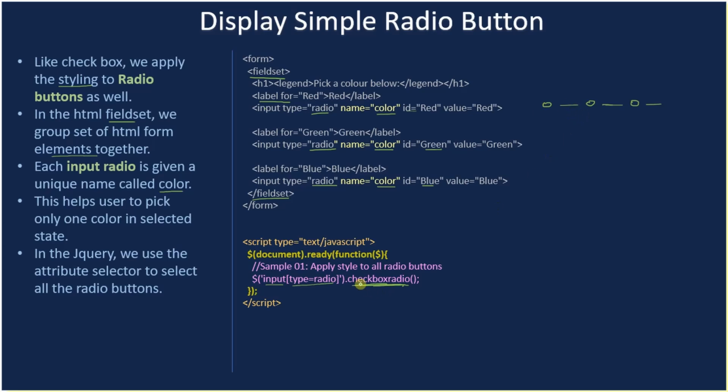The same will be converted here. That means jQuery will see this as a radio button and apply the theming style and other API functionality to it. jQuery calls the checkboxradio method on the selected radio buttons. There are 3 here, and all 3 will get transitioned to jQuery UI radio buttons.